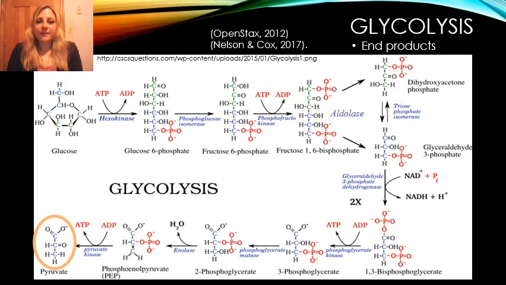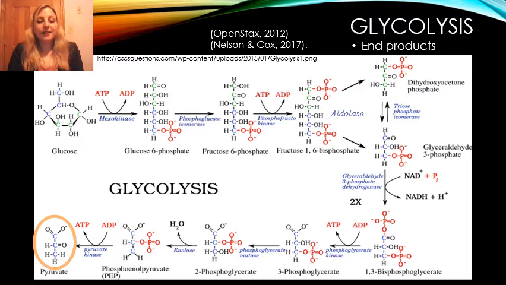The last step of glycolysis involves the dephosphorylation of PEP by pyruvate kinase. This provides a phosphate for another ATP molecule to be produced. The result of this process is a pyruvate molecule circled in orange.